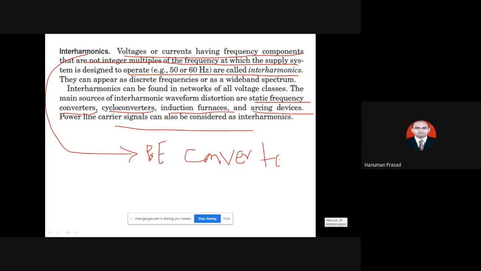Interharmonics are not an integral multiple of the fundamental frequencies.